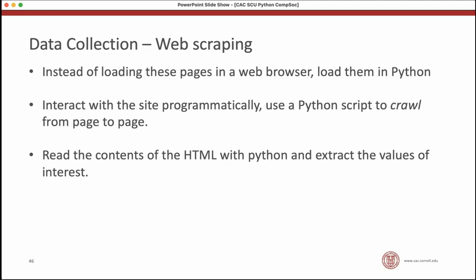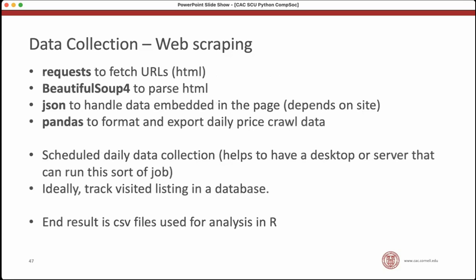The strategy is to read the contents of the HTML documents, the web pages, with Python, and then extract the particular values that you care about. So the packages that support this kind of work: the requests library can fetch the URL. It gives you the HTML that composes the website.